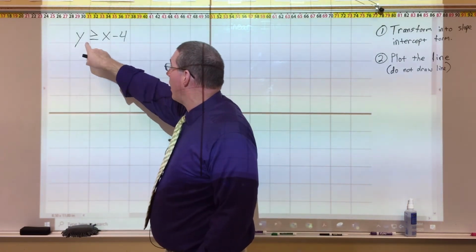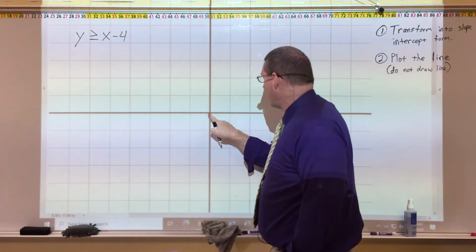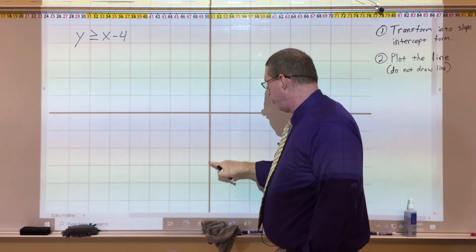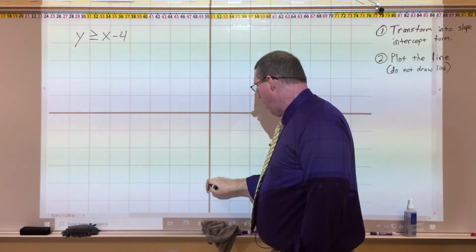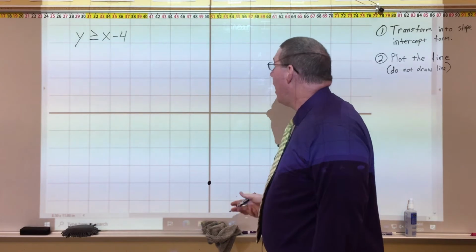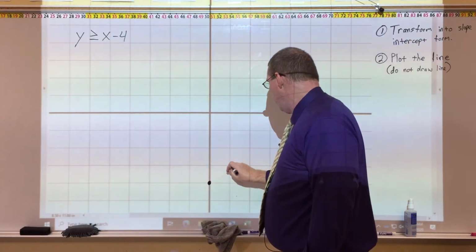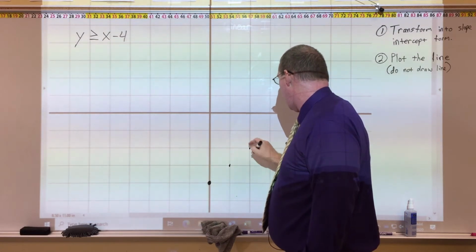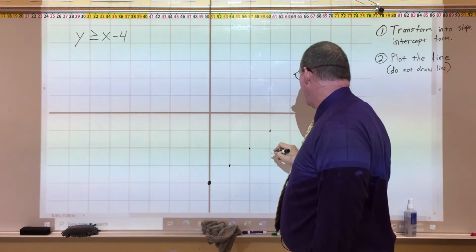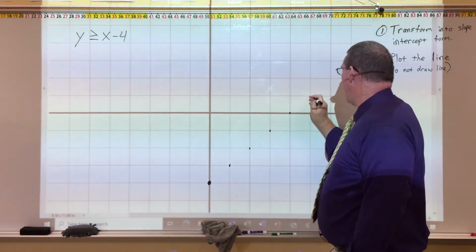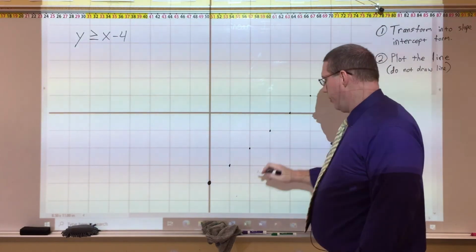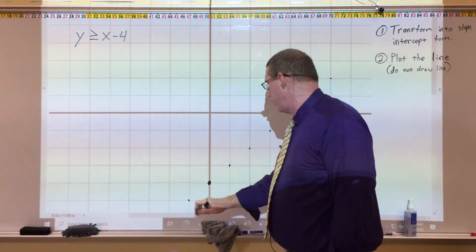So if this was y equals x minus 4, then from the origin we go down to -4, 1, 2, 3, 4. We would plot our y-intercept, right? And now the slope is 1, so that's up 1 over 1, put a dot, up 1 over 1, put a dot, up 1 over 1, put a dot. Okay, we can even go backwards here, put a dot.